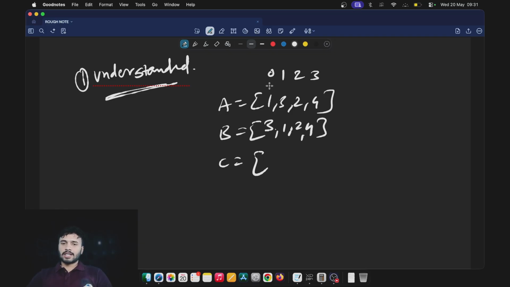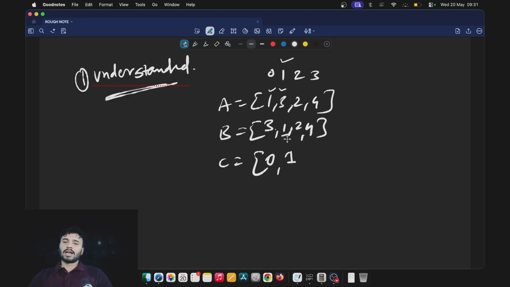For this index, is there any match? No, so we can put 0. Now go on. Is there any match for this index? For this one, starting from this one, this matches, right? So we can include it in our answer. Let's go on to the next.